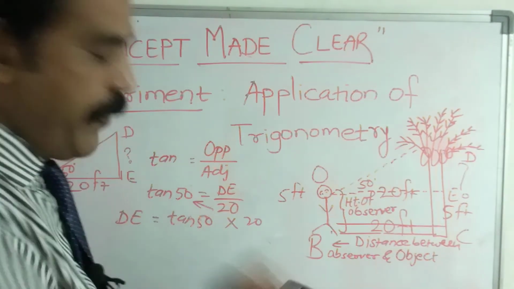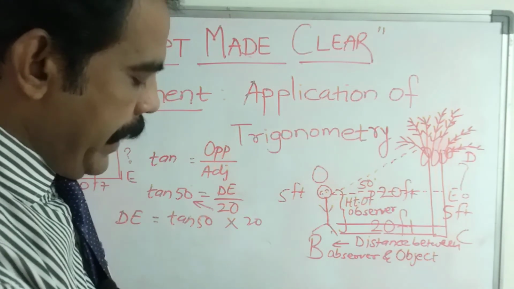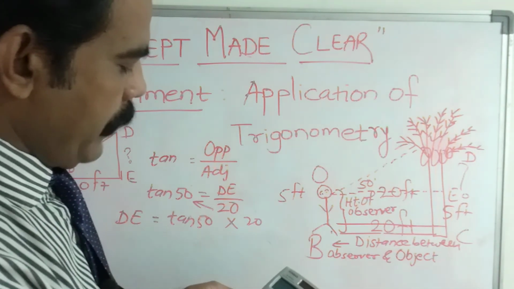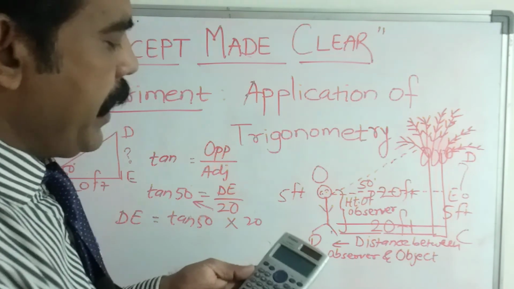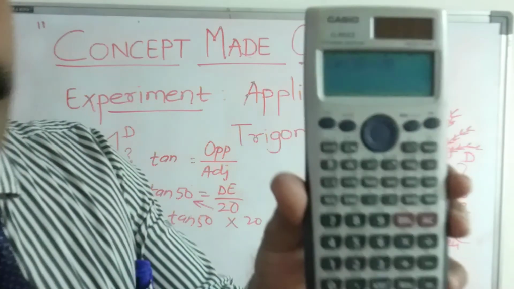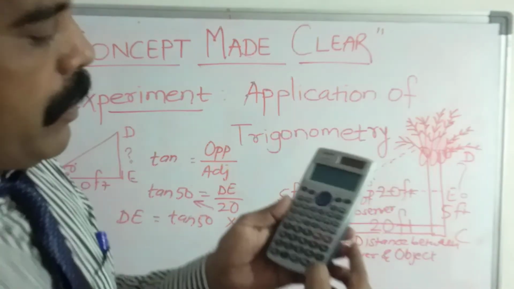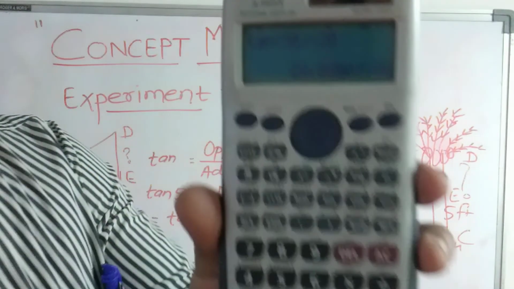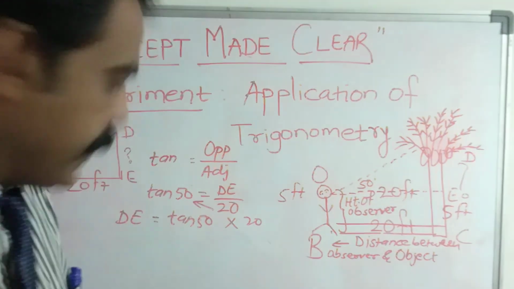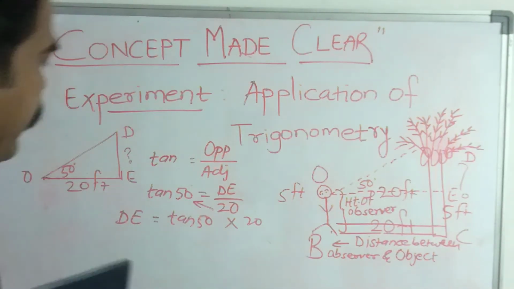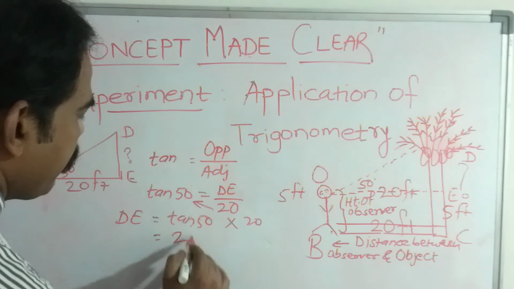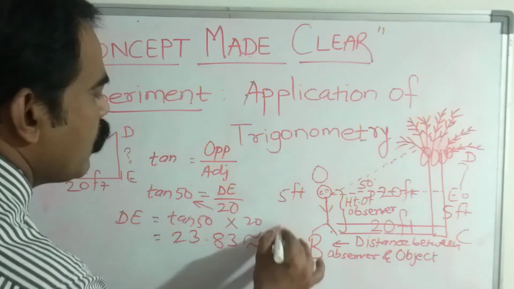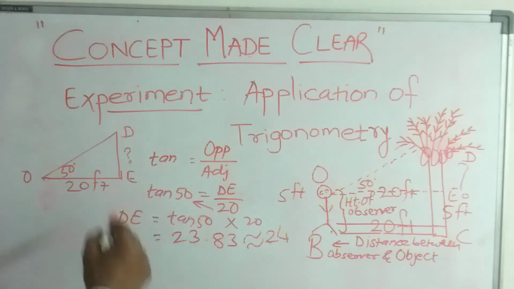DE equals tan 50 into 20, which gives us 23.83, that is approximately 24 foot. So that is the height.